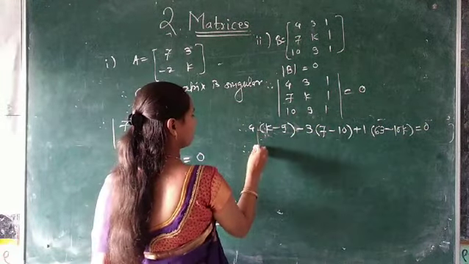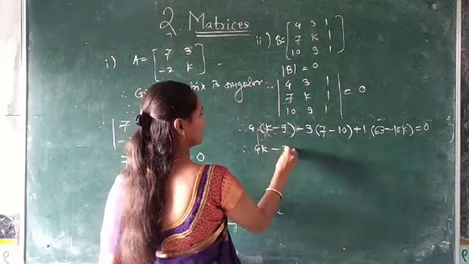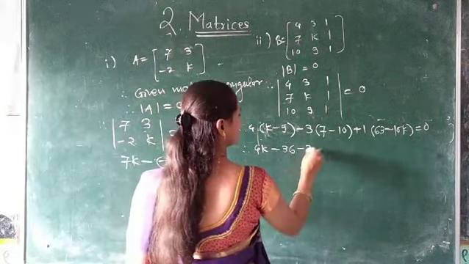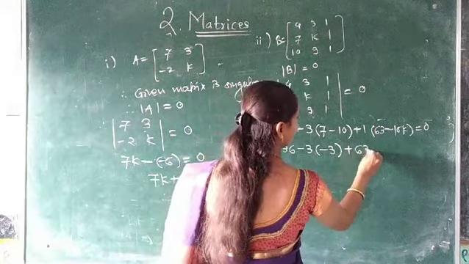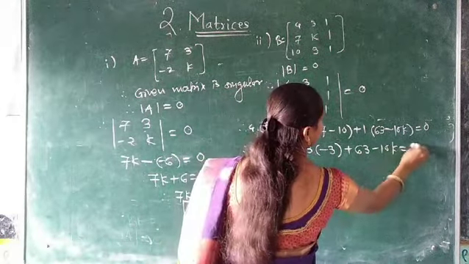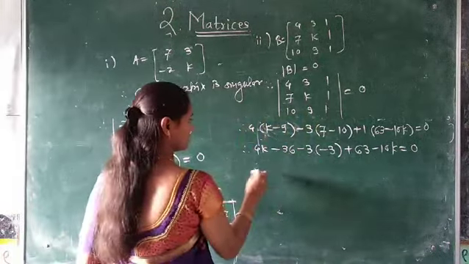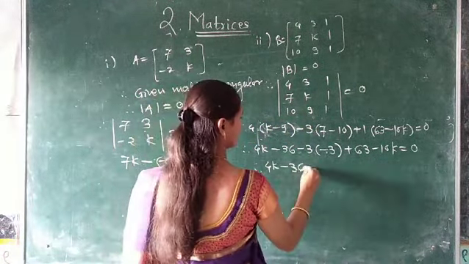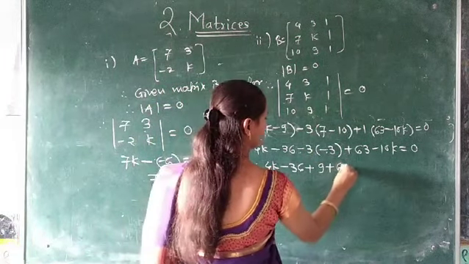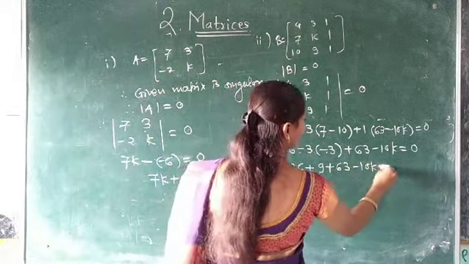Therefore 4K minus 4 nines are 36, minus 3 into 7 minus 10, minus 3, plus 63 minus 10K is equal to 0. Therefore 4K minus 36 minus minus plus 9 plus 63 is 0.